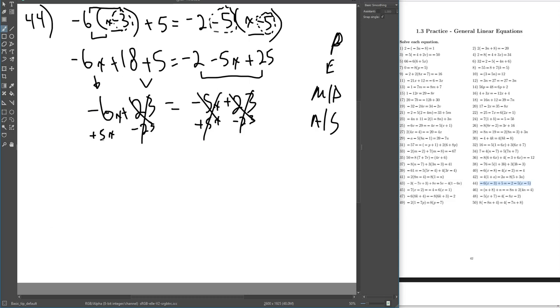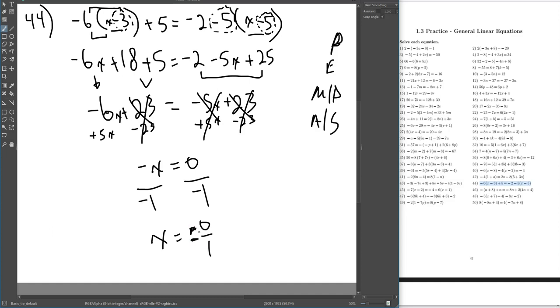Minus 6x plus 5x equals minus x, and that equals 0. Now, whenever you want to get rid of a minus sign, you just divide by minus 1. Or multiply by minus 1 if you want, actually. I'm dividing in this case. Very good. So I have x equals negative 0 over 1.